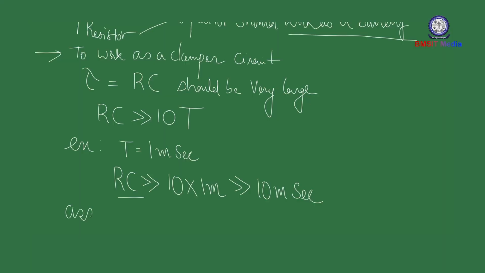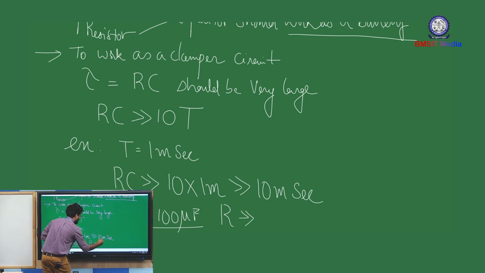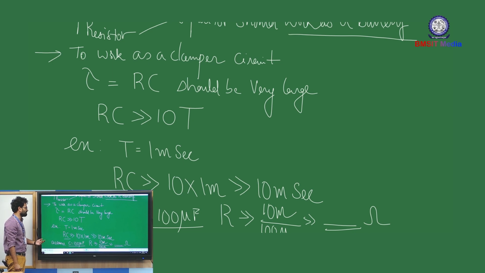You can assume C to be a very high capacitance value, let's say 100 microfarad. Once you assume this capacitor, you will be able to find the value of R. R should be very much greater than 10 milli divided by 100 micro. That will give you some ohmic value of the resistance. This is how we decide the values of R and C.